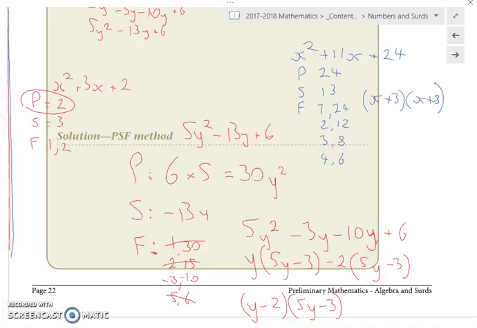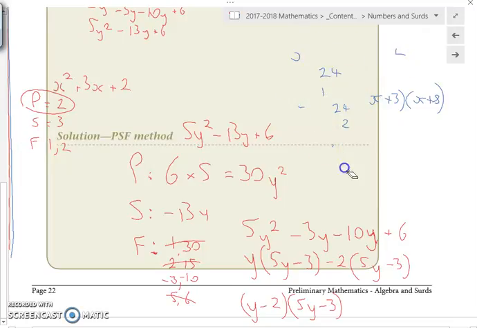Now, the issue we've got with the one down here, it doesn't work in this software. Different software. The issue with the one we've got down here is it's not monic. Those ones we did were monic. They had a 1 in front of the x squared. Cool? This one is non-monic. It's got a 5. So our product is different.